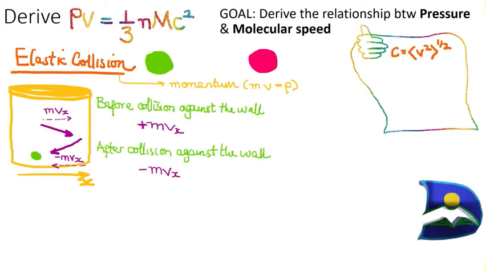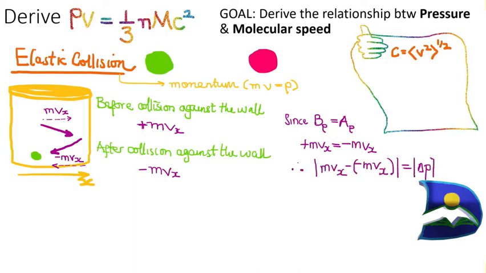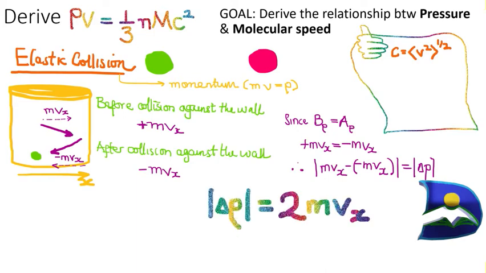Therefore, our momentum here is negative m v x. Since the momentum before collision must be equal to that after collision, if you move the other momentum to the other side of the equal sign, we have the absolute value of the momentums, which is going to be 2 m v x. Once you combine the momentums, we have the change in momentum expressed as that.